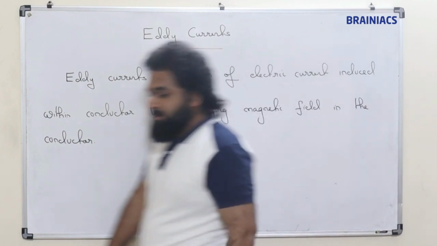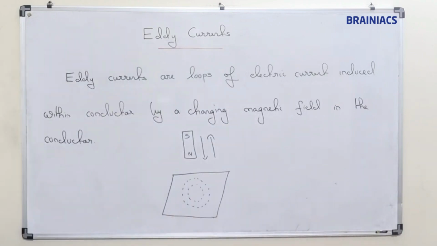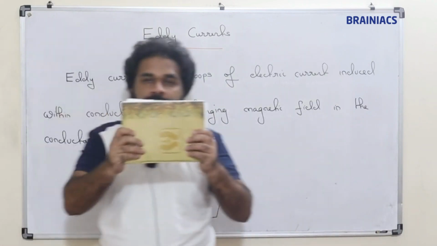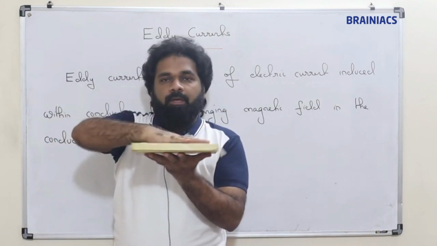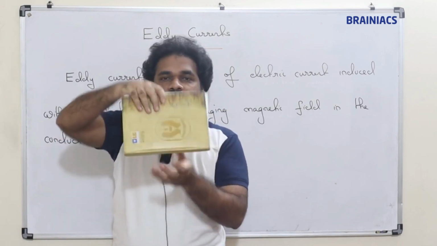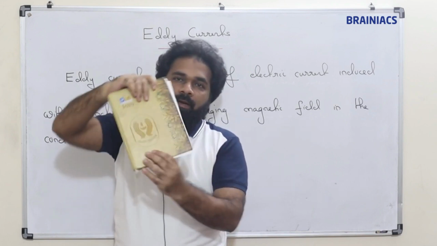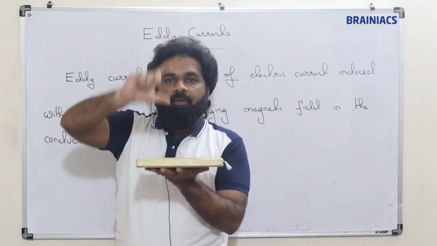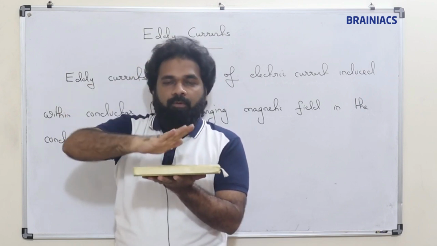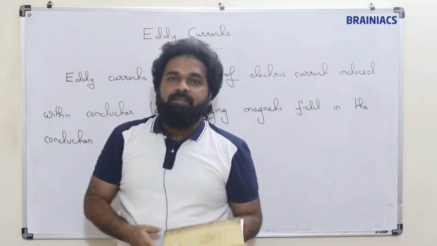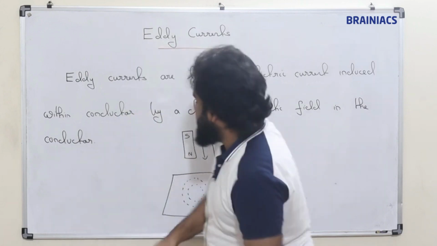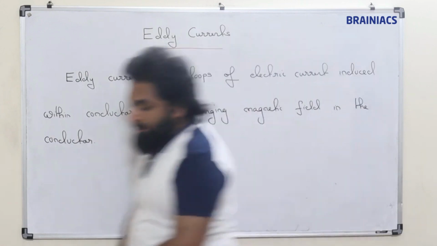Suppose this is a conductor, not a ring, but a solid conductor. Here if we bring the magnet to and fro, definitely there will be current inside it, in the shape of an eddy.